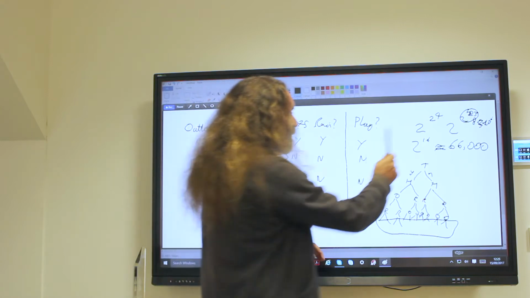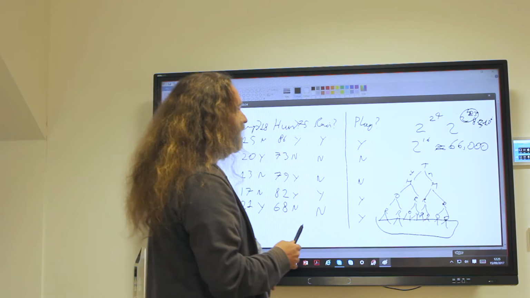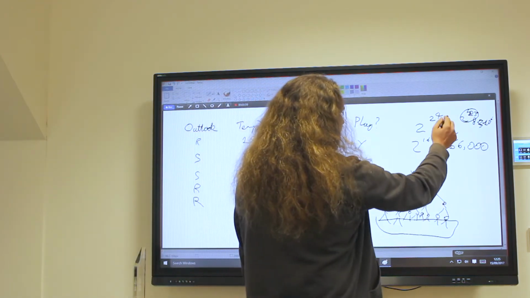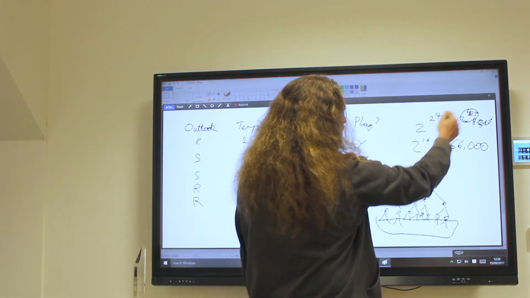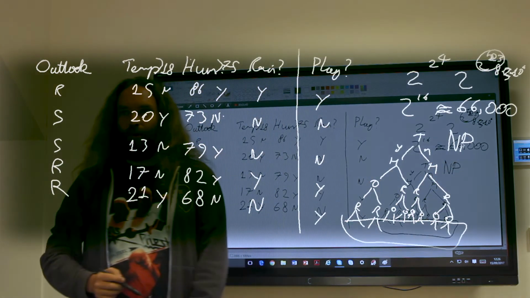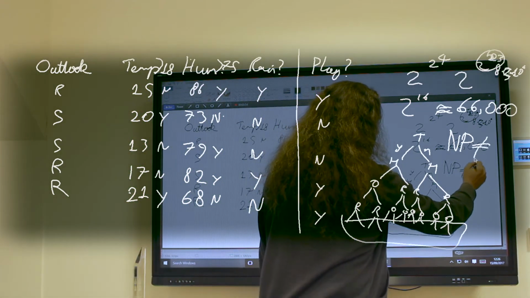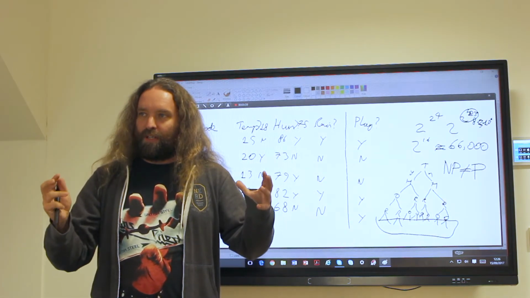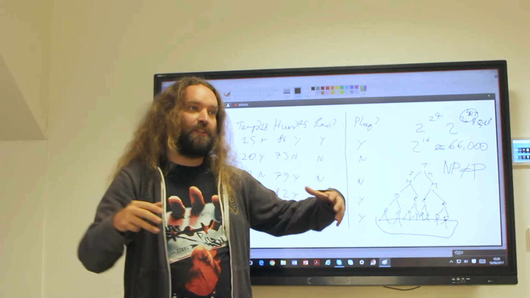Now, the problem we have, this is the one useful outcome of computer science, is that this thing does not grow as a polynomial. It is a non-polynomial problem, which means that as far as we're aware, there is no algorithm that scales with polynomial factors on the size of the input.